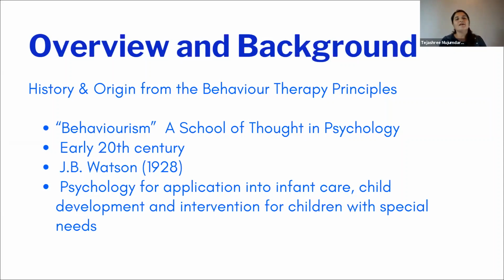J.B. Watson was the first one who came up with the idea, in 1928, that the principles derived from the experiments that were conducted could be applied directly to infant care, child development, children with special needs, learning theories, and many more such aspects. He wrote many papers on it. This was further taken along the journey, and many other psychologists contributed to it.